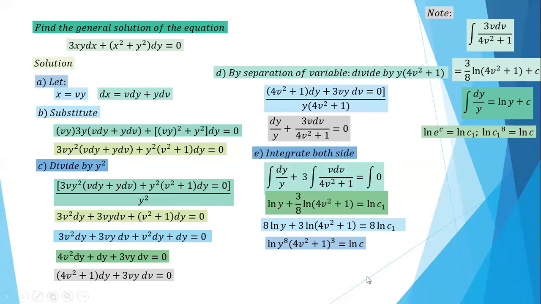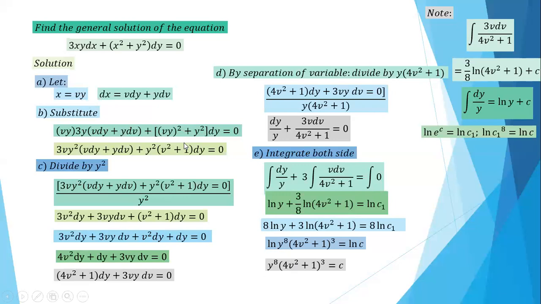So ln will be cancelled out. And then we have now y to the power of 8 times the quantity of 4v squared plus 1 cubed equals c. As we notice, we still have the variable v. So from the very beginning, we used x equals vy.